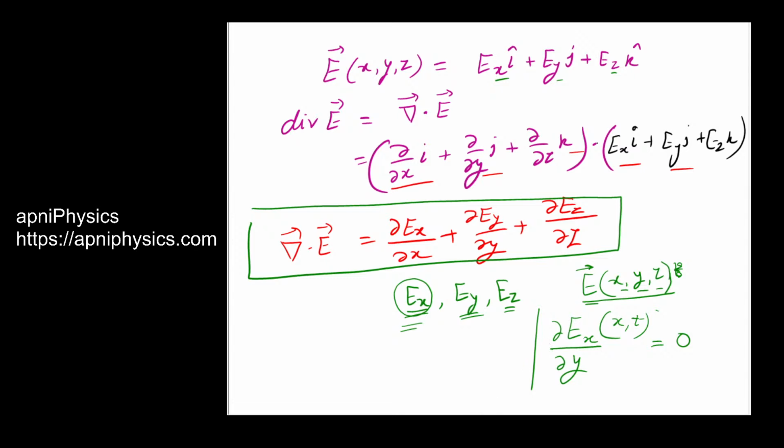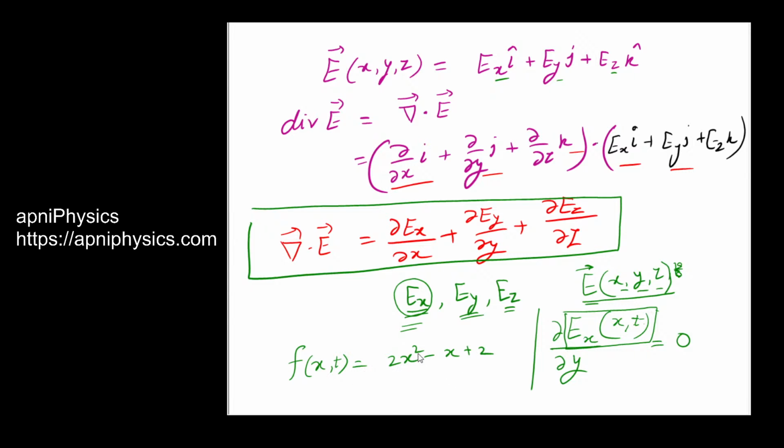So this is the idea of it, and then del Ex upon del y is equal to 0, because Ex is a function of x, not of y. So when you write this equation, Ex is a function of x and t, right? It is similar to this one, F(x,t) = 2x² − x + 2, like this.